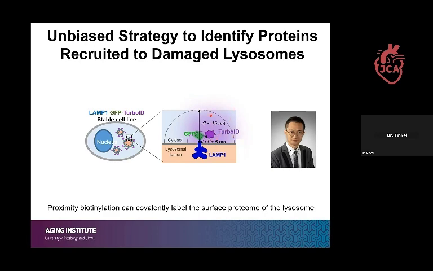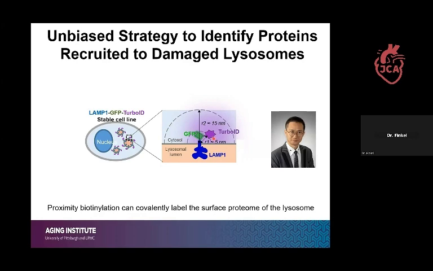TurboID is a bacterial enzyme that acts as what's called a proximity biotinylase. In essence, it adds biotin to anything that's near it, in this case, roughly 10 to 15 nanometers away.